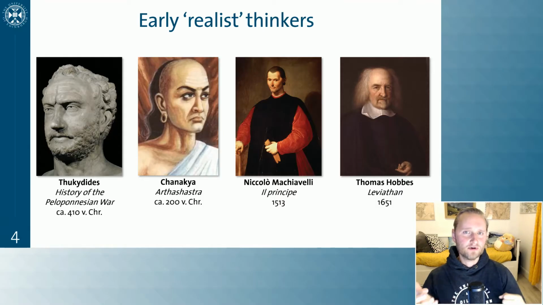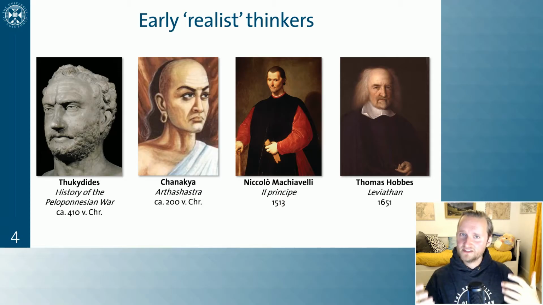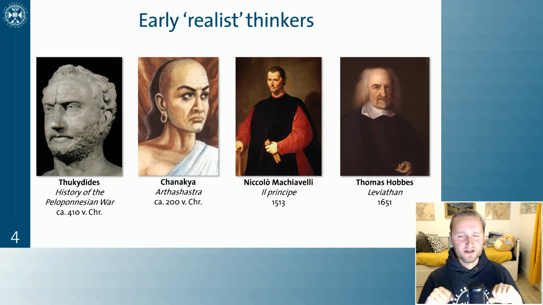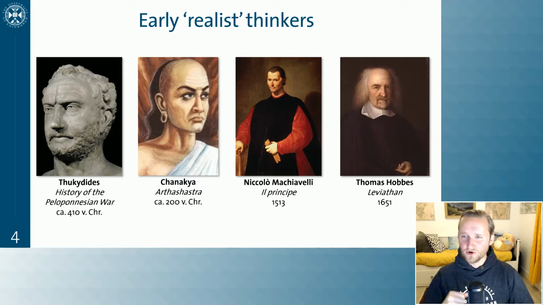There's a number of other early thinkers that are claimed by modern realists, because obviously this is a modern political science theory. There is the Indian thinker Chanakya, who wrote a sort of hard-nosed guide on how to run your government, all the way to suggesting that you should send spies to other countries and assassinate your opponents.